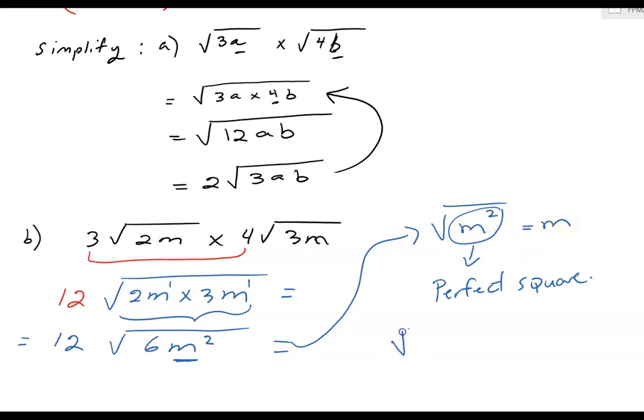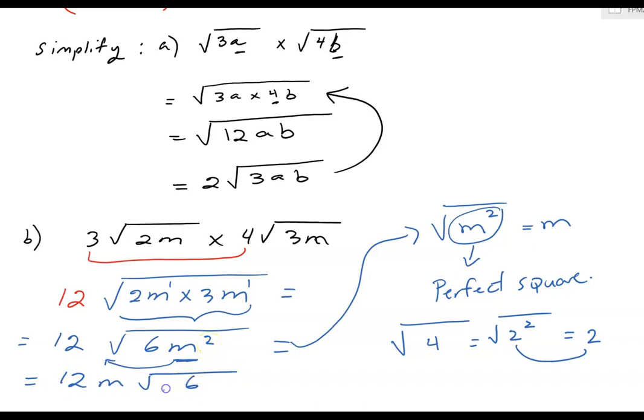Just like anything else, the square root of 4 is the square root of 2 squared, which is a perfect square, and the 2 comes out. And that would be the answer for that. So the final answer for this will be 12, m will come out, m squared comes out to be m, and then the square root of 6 in the bottom.